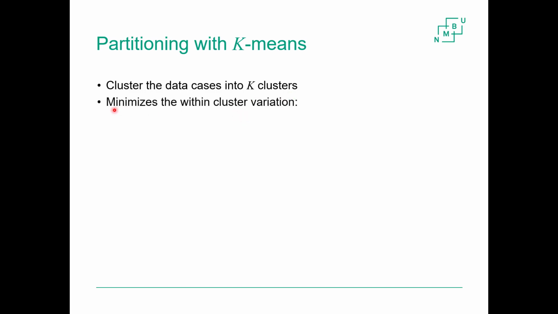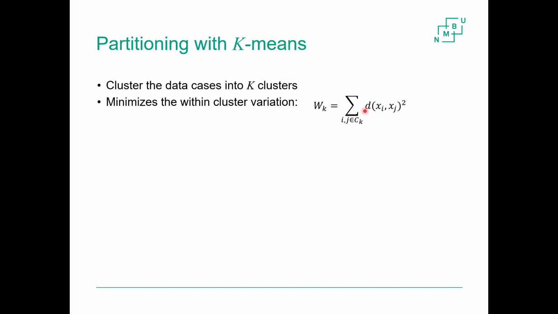Then this algorithm is an optimization algorithm that tries to minimize what we call the within cluster variation, and we can write it as a formula like this. This is the within cluster variation for cluster number k. We have capital K different clusters, so small k is 1, 2, 3 up to capital K. We consider all the members of that cluster, Ck, and i, j mean the data cases that belong to this group.